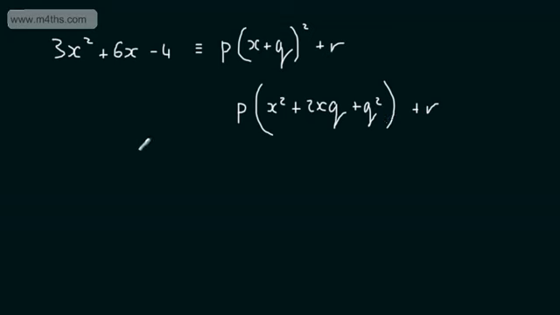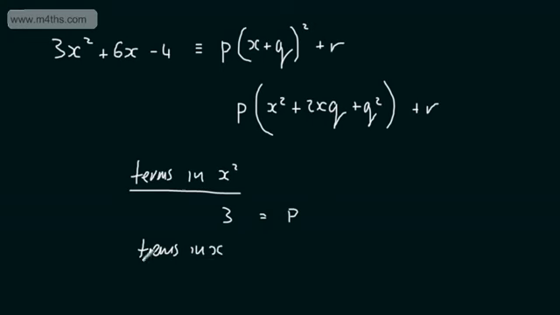So what I'm now going to do is look at the terms in x squared. On the left hand side of the identity, I've got 3x squared, and that's going to be equal to p, the only thing that's going to give me a term in x squared. If we now look at terms in x, on the left hand side I've got positive 6x, and on the right hand side I've got 2pqx, so I've got 2pq.